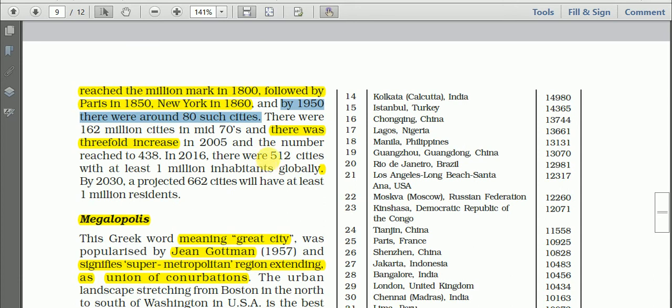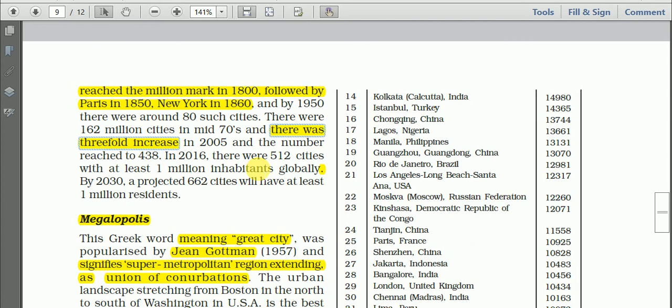By the mid 1970s, there were 162 million cities. That means the increase has been threefold in every decade.